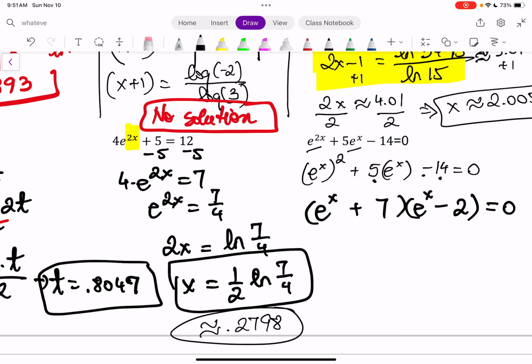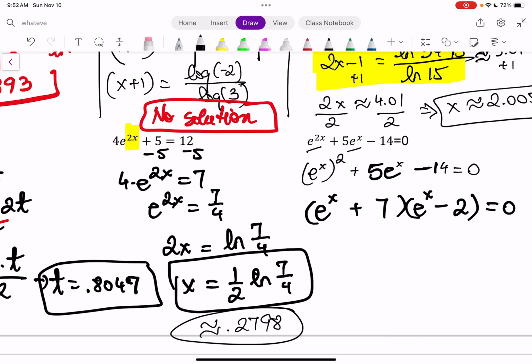And you're very welcome to distribute these parentheses, and you see that you get an e to the x times e to the x, which is e to the 2x, minus 2 e to the x, plus 7 e to the x, which is 5 e to the x, and then 7 times negative 2 would get you that negative 14.